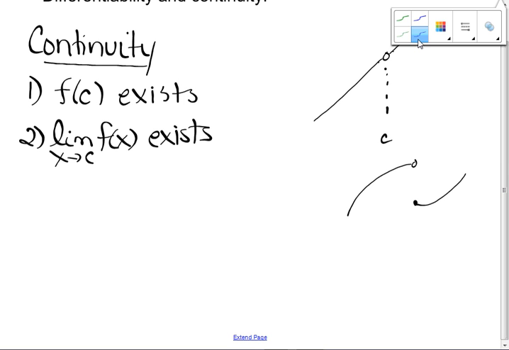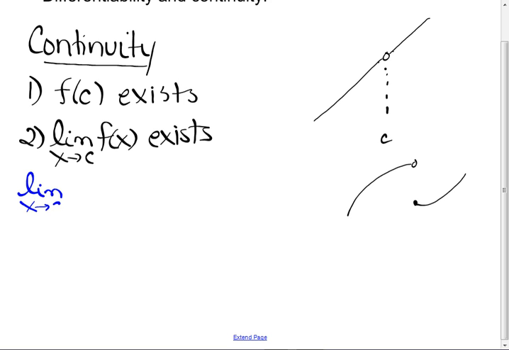So they're looking for the limit as x approaches c from the left of f of x equals the limit as x approaches c from the right. And we did that yesterday. For a limit to exist, the left has to equal the right side. They're in particular going to look at you looking for these limits. You have to write that. You have to be clear about what you're trying to do.